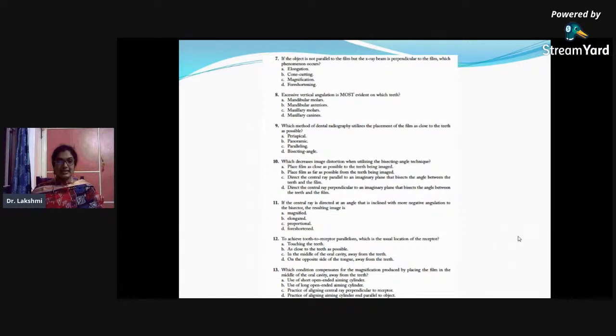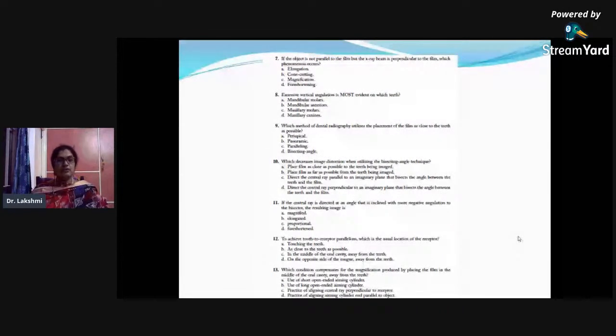Option is D. Direct the central ray perpendicular to an imaginary plane that bisects the angle between the teeth and the film. So 11th question, if the central ray is directed at an angle that is inclined with more negative angulation to the bisector, the resulting image is B, that is elongated. Elongation of the image is seen.